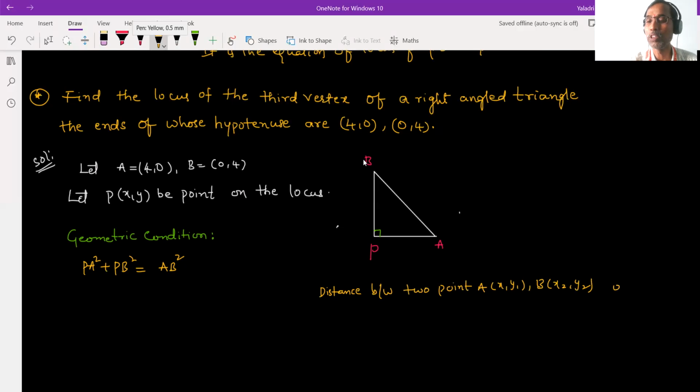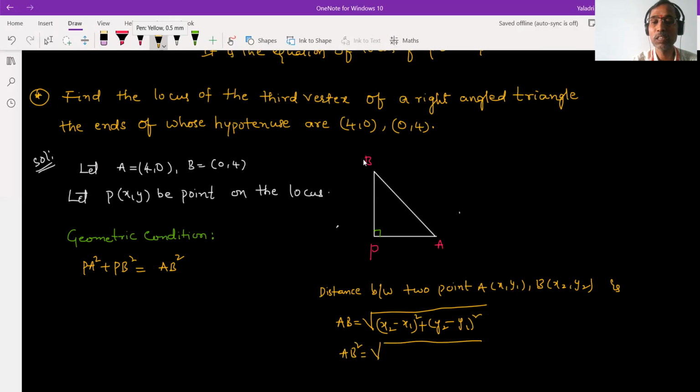AB equals root over x2 minus x1 whole square plus y2 minus y1 whole square. So AB square is x2 minus x1 whole square plus y2 minus y1 whole square.